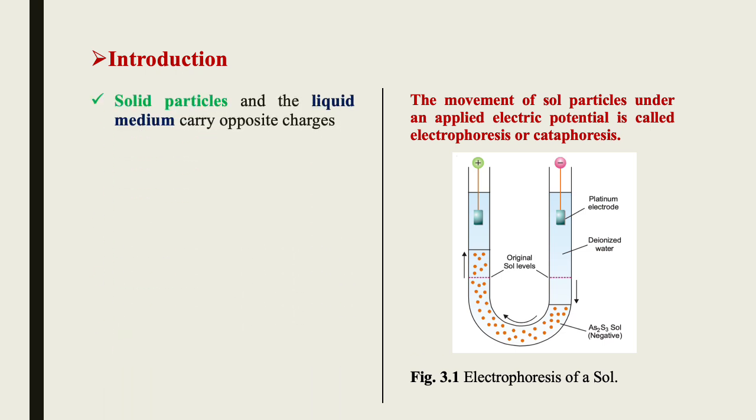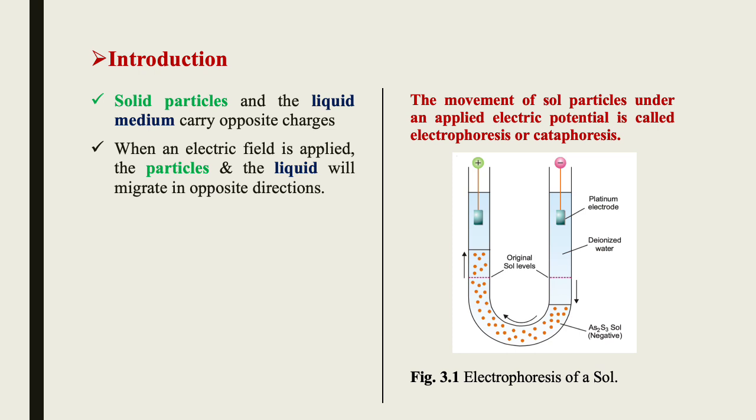So we will see what the parameters are. Solid particles and the liquid medium carry opposite charges. So there are two components. One is the solid particle, which is dispersed in the particular liquid medium. The first condition is that the solid particle and the liquid medium should carry different charges, so both should have opposite charge.